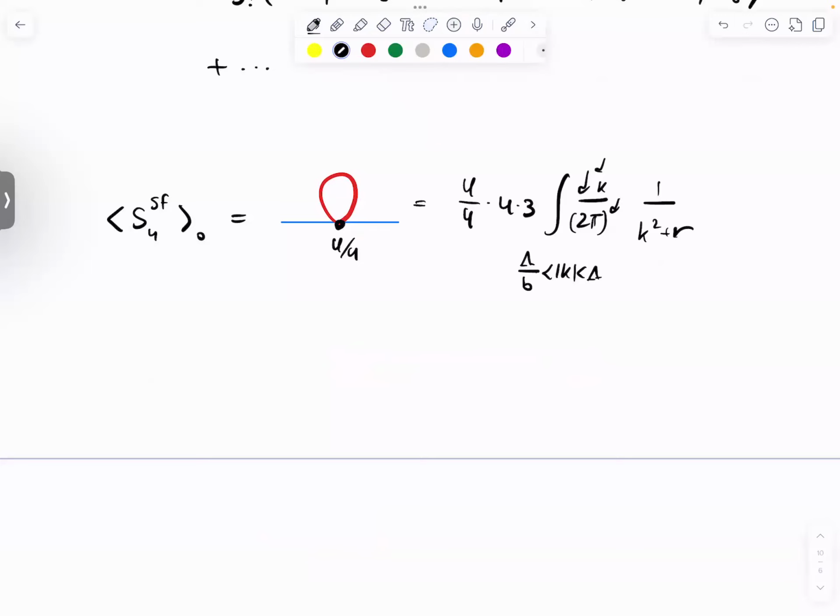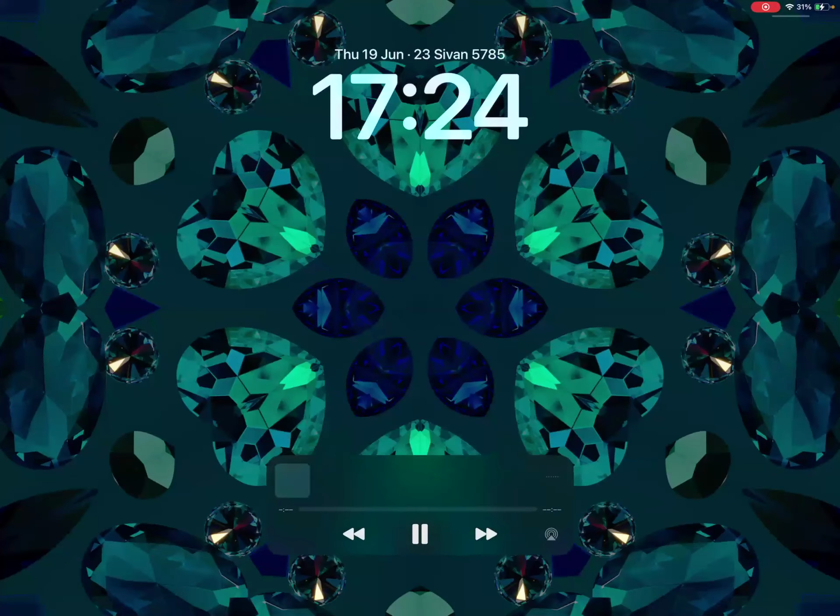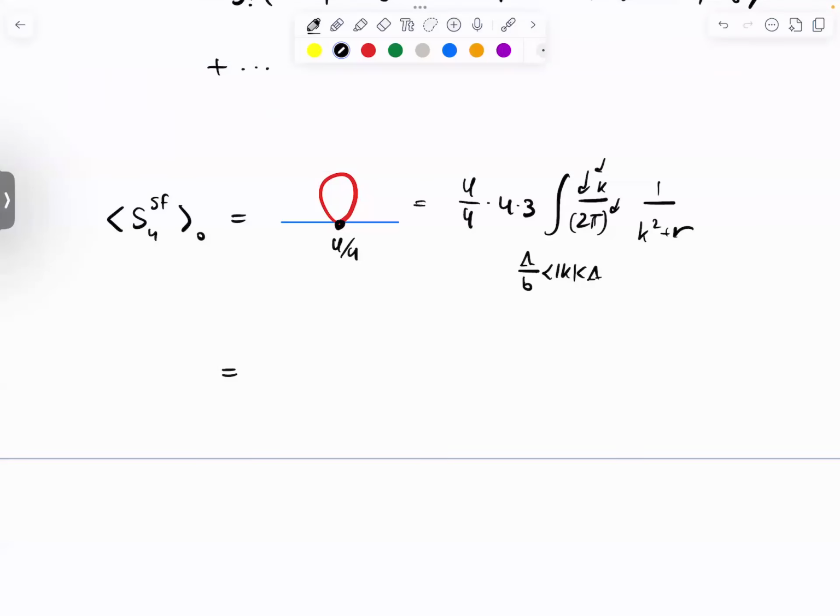Now, I'm assuming that the theory is rotationally invariant. So I do the angular integral, and I get S_{d-1}, which is the unit sphere area in d dimensions.